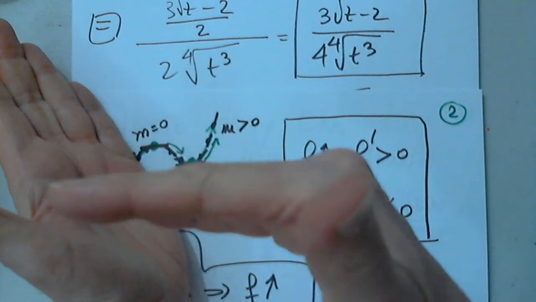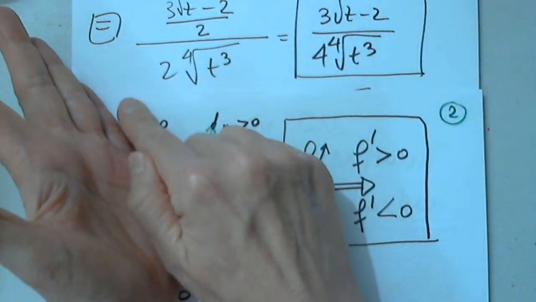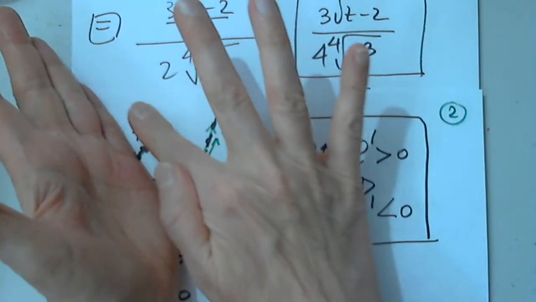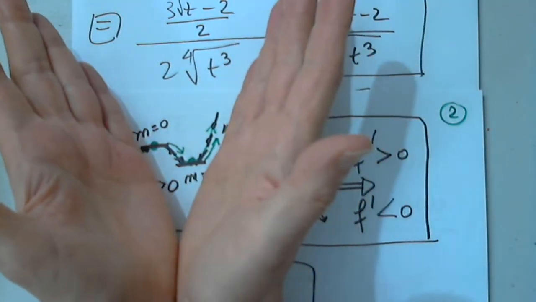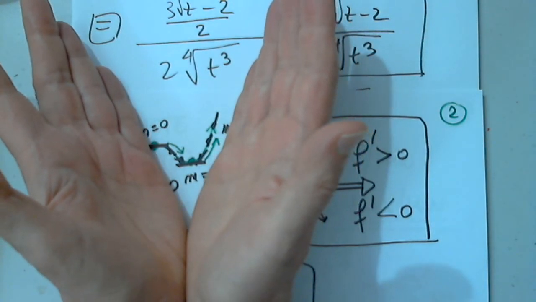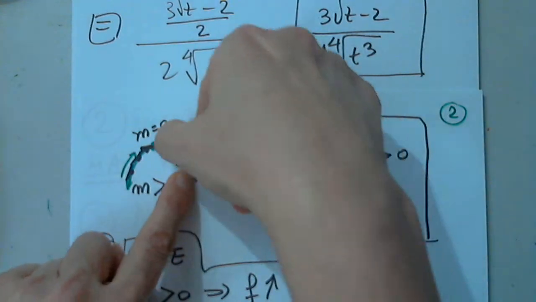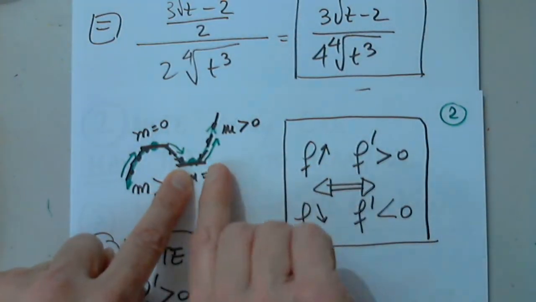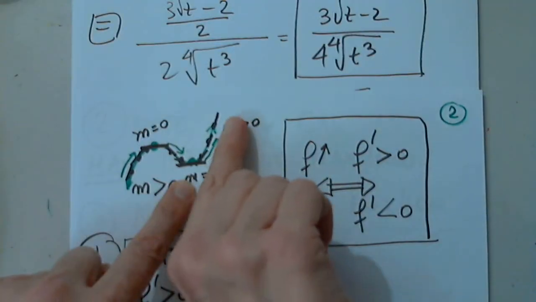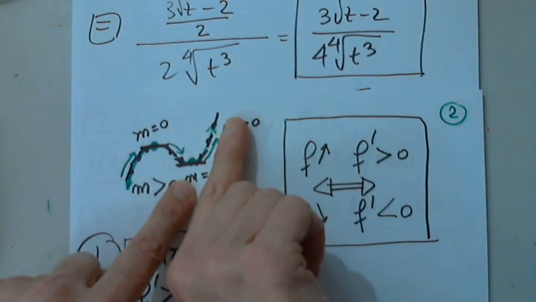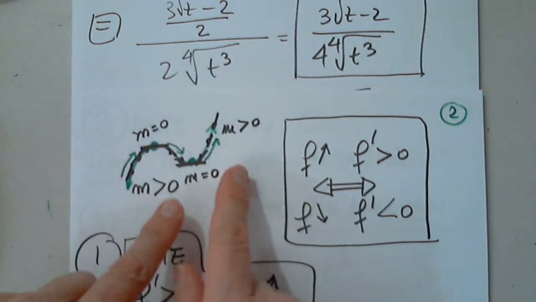Negative derivative, zero derivative, positive derivative, or negative, undefined at this point, positive. So all I have to do is study the sign of the derivative left and right.